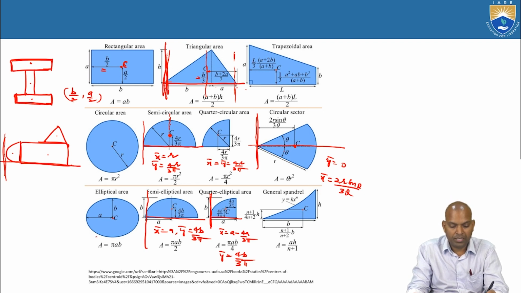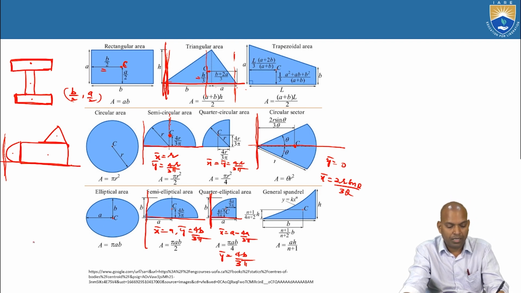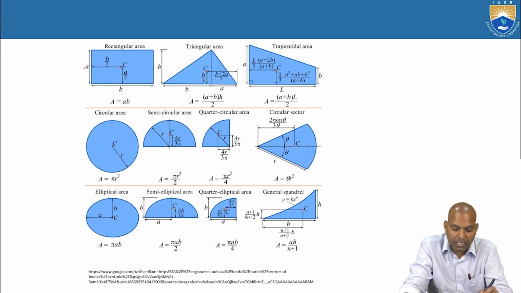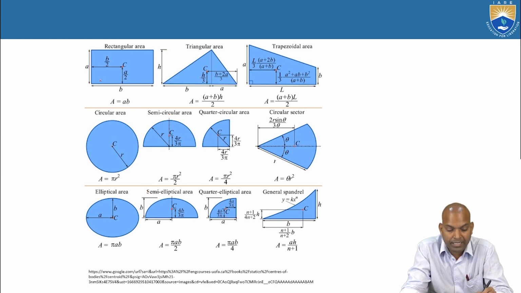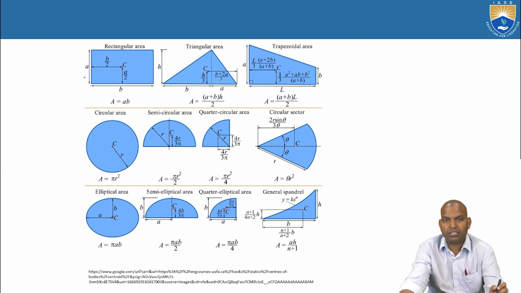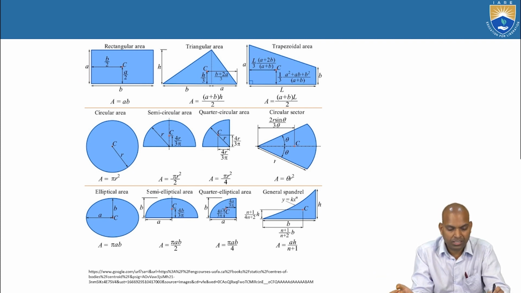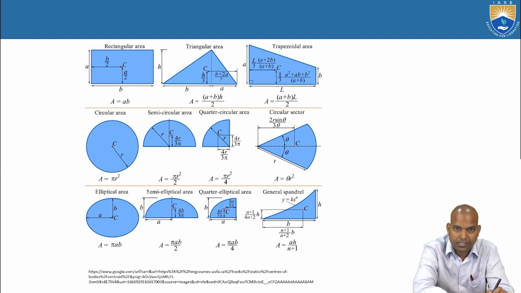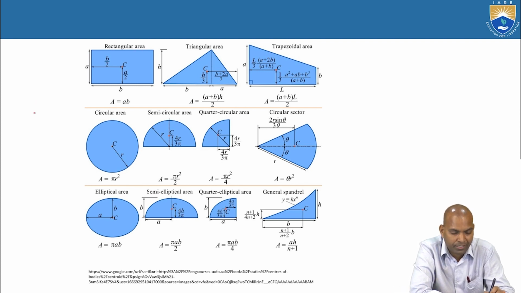That is pi AB for the elliptical area. Now, one more thing: what is the area of a rectangular area? The width is A and the length is B, so the area of this rectangular section equals AB. These areas are also important. There are three things important for calculating the centroid of a particular geometry.